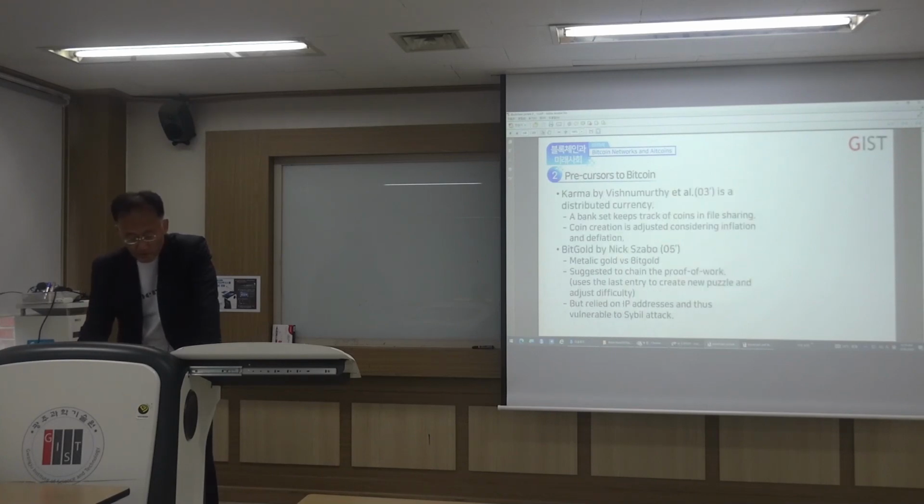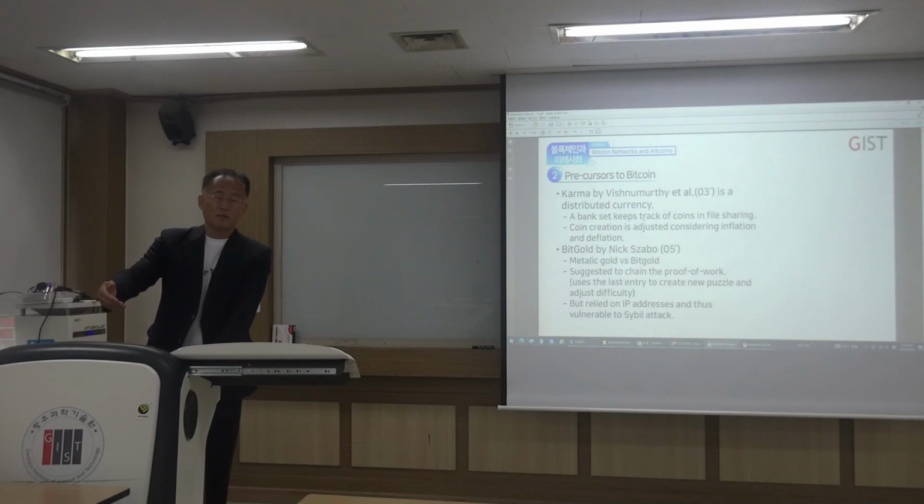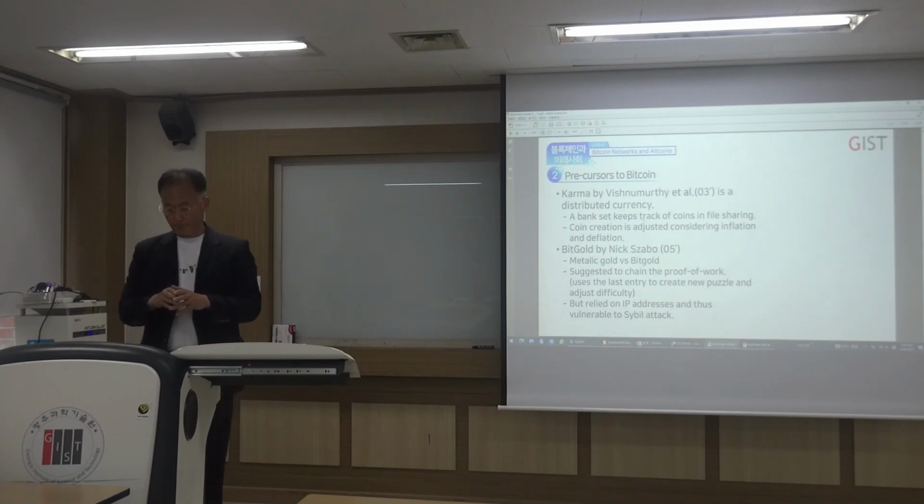And another one was Karma by this person, and basically I remember that the coin was used to incentivize the computer nodes who share their storage element as file storage.